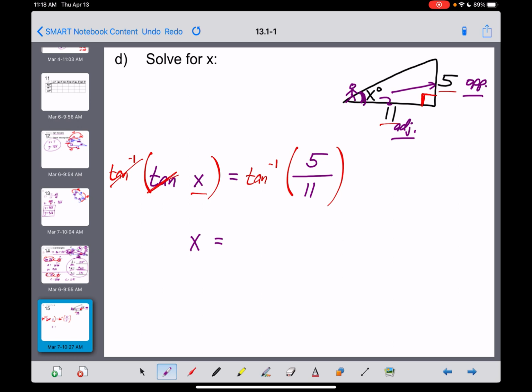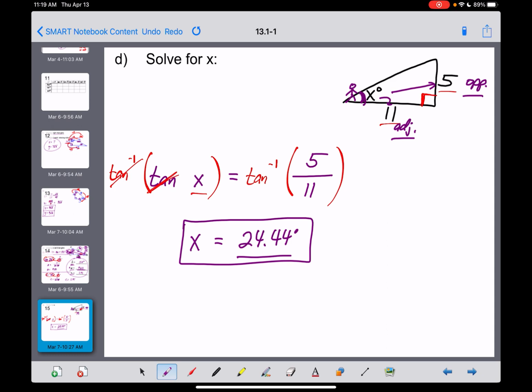So you should get something then that looks like inverse tangent, and then type in 5 over 11, either as a fraction or just using the division key. And if we're all on the same settings right here, we should have gotten 24.44 degrees, and that is the value right there of x, everybody. We took the inverse tangent of 5 over 11, and it's a 24.44 degree angle that makes that work.